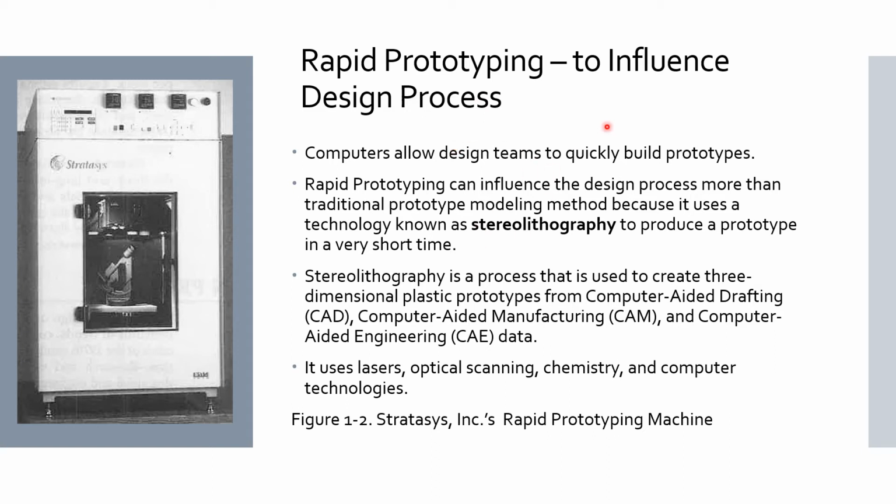So this method, rapid prototyping, can influence the product design process more than the long-time-ago traditional prototype modeling method with real material, because it used a technology known as stereolithography to produce a prototype in a very, very short time. So stereolithography is just a big word.